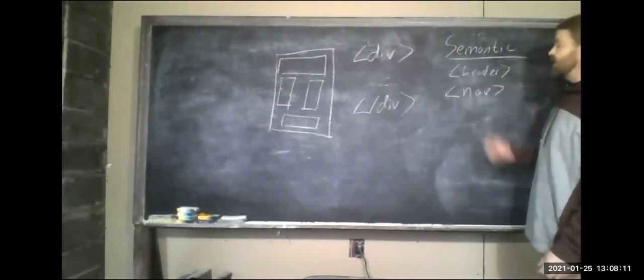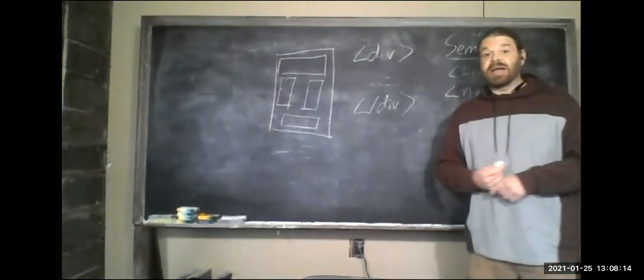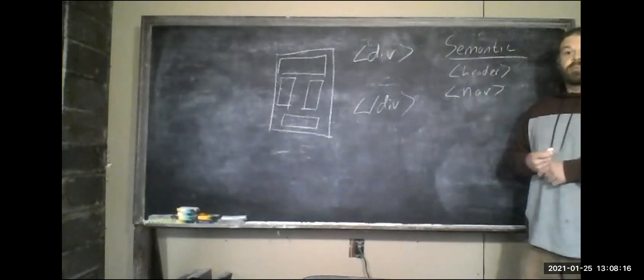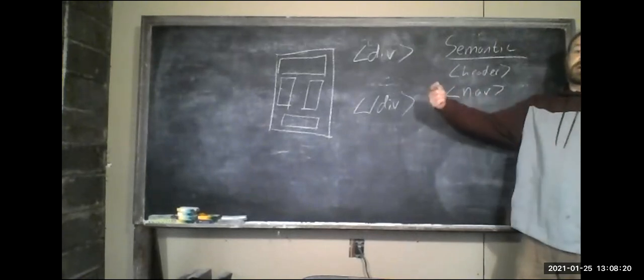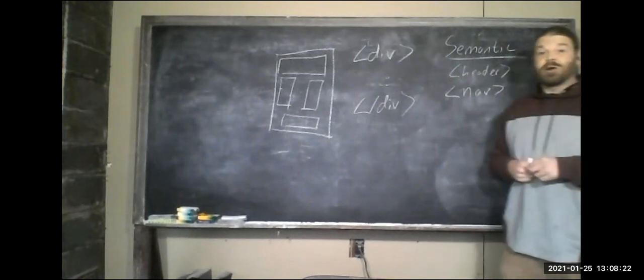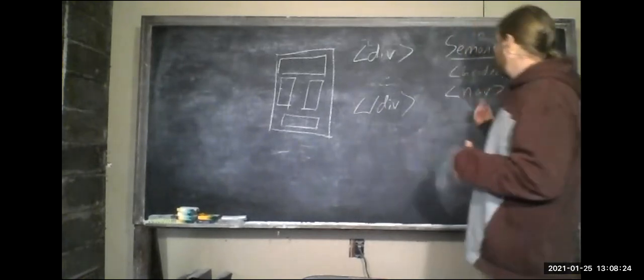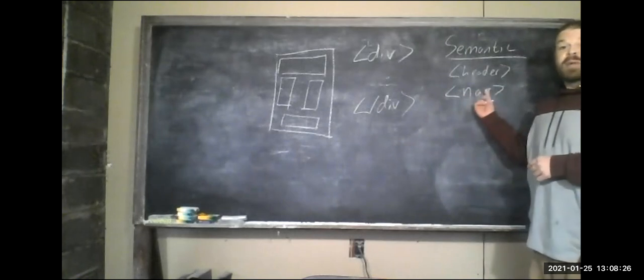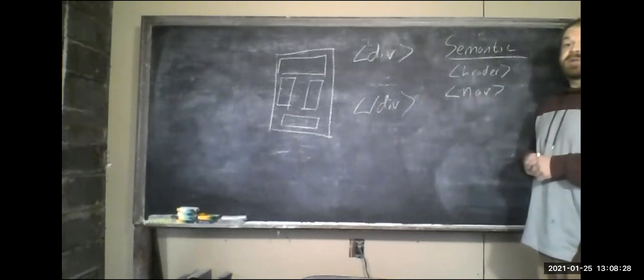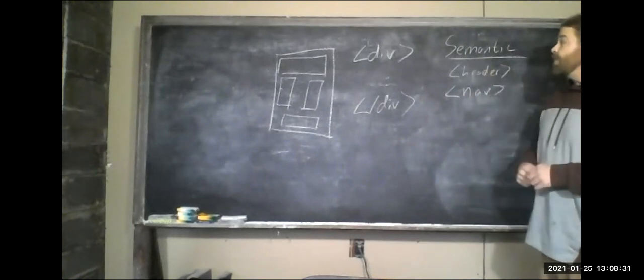A very common one is a nav tag for navigation, typically where all the links are, y'all have seen those on a web page up at the top, a bunch of tabs that go to all the pages across the site, something to organize that, and we can tell at a glance what it is because of a useful name. So that's what's meant by semantic tags.